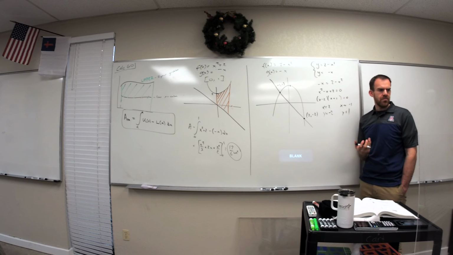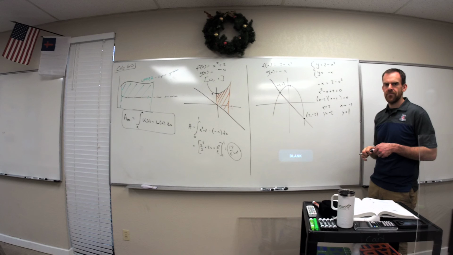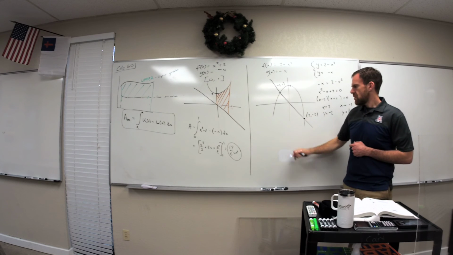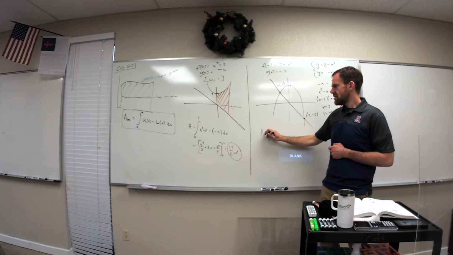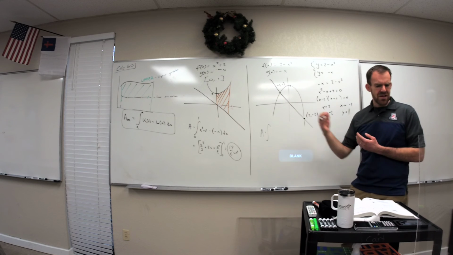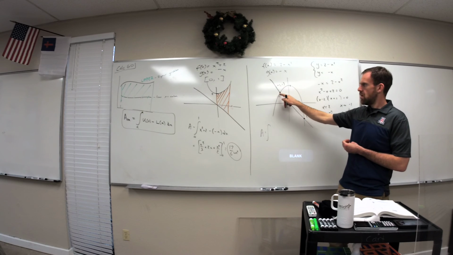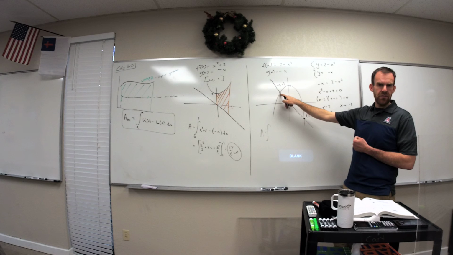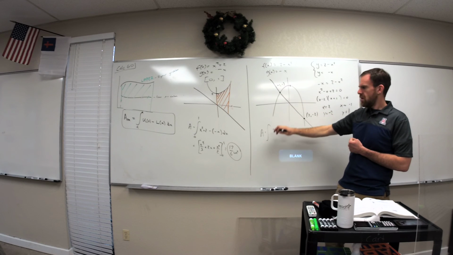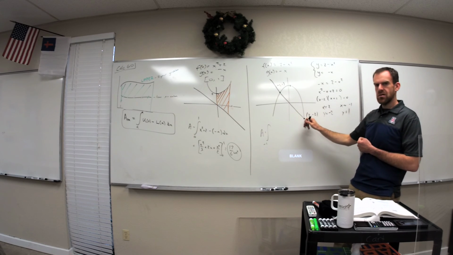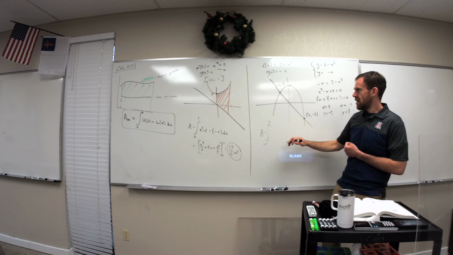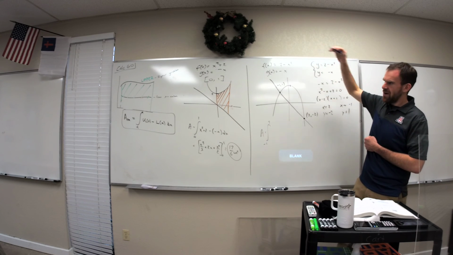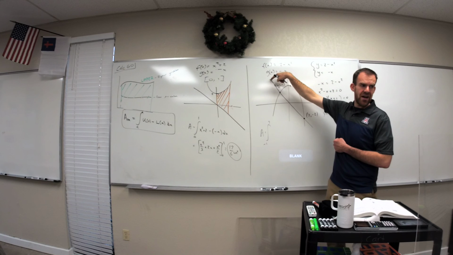Do you have everything you need now? Yes. Area is the integral. What's the lowest x value you see? Negative 1. Highest x value you see? 2. What's the upper curve? Which one is a higher y value? Over here, the upper curve is negative x.